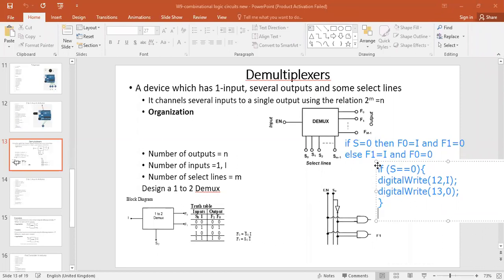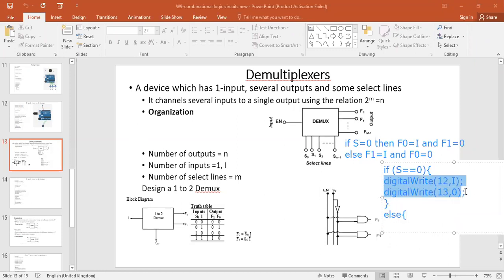Else, digital write 12, 0. Digital write 13, I. That's perfect.